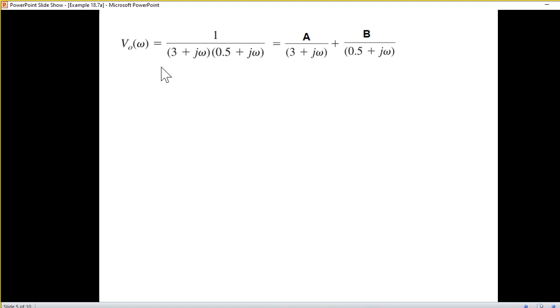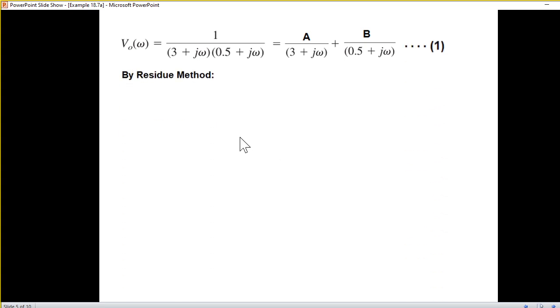Since there are two factors in the denominator, we have to use the partial fraction method to resolve this into two parts. I hope you remember this. We take two variables, A and B: A divided by the first term and B divided by the second term.